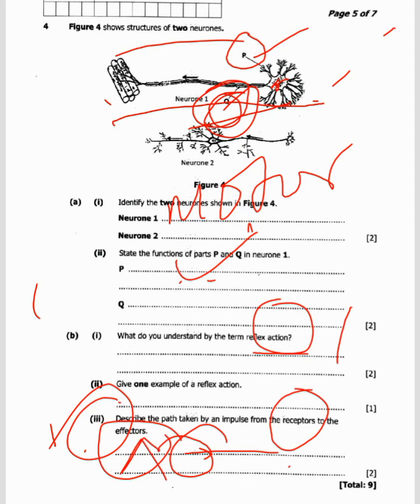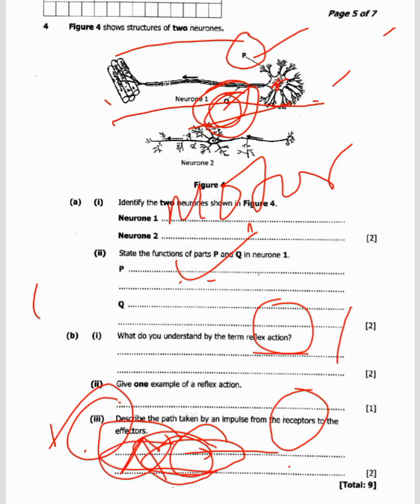When explaining, you start from the receptor up to the effector. You say an impulse is transmitted from the receptor to the sensory neuron. The sensory neuron transmits that impulse to the relay neuron, the relay neuron transmits it to the motor neuron, and finally the motor neuron transmits that impulse to the effectors.